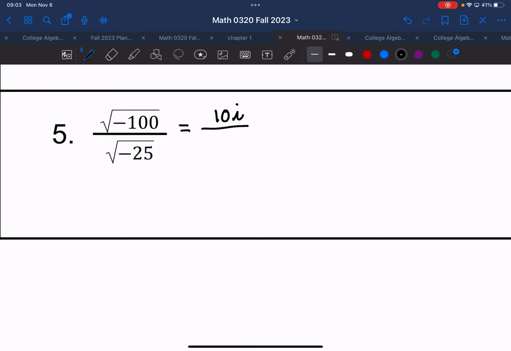We have that negative under the square root, so that tells me I need an i. What about the denominator? 5i. So just like variables, the i's can cancel out. So if we know that the i's can cancel out, we are left with 10 over 5, which reduces to 2. So 2 is our answer.